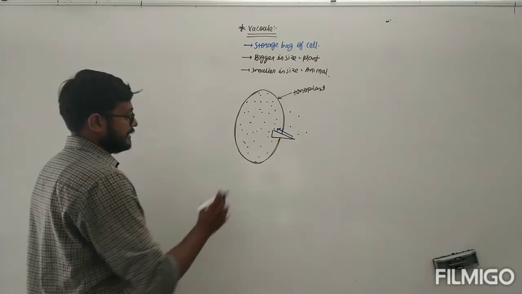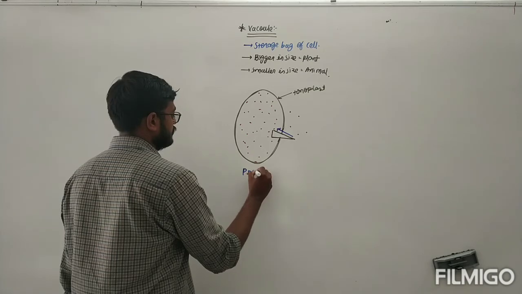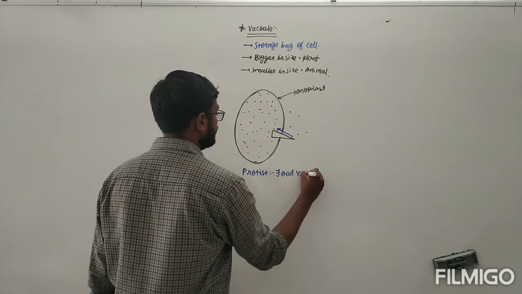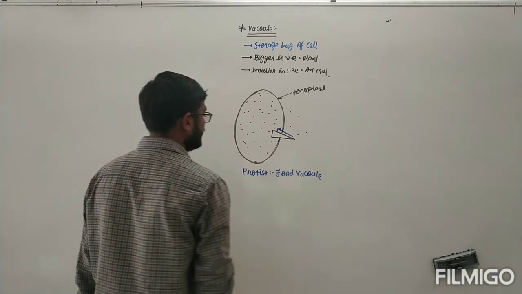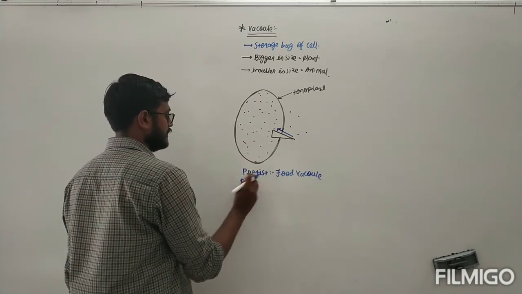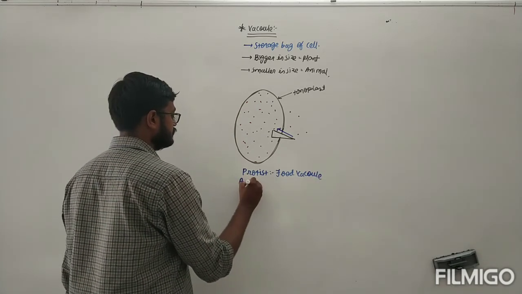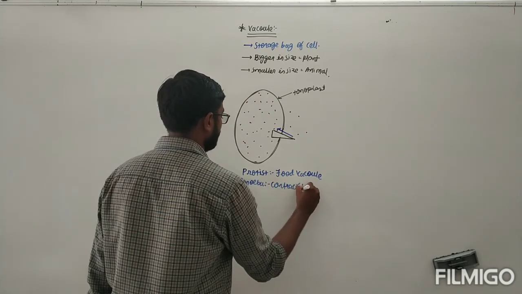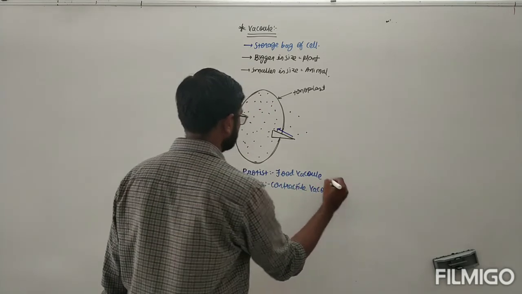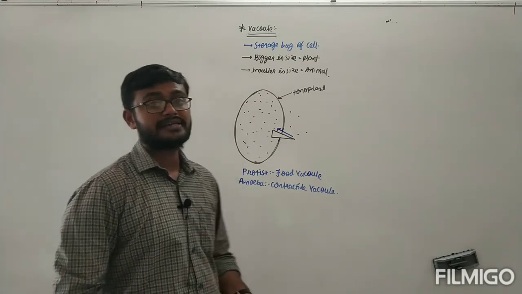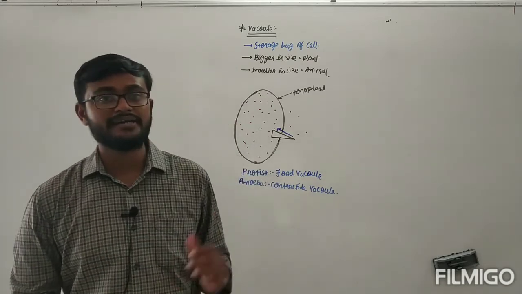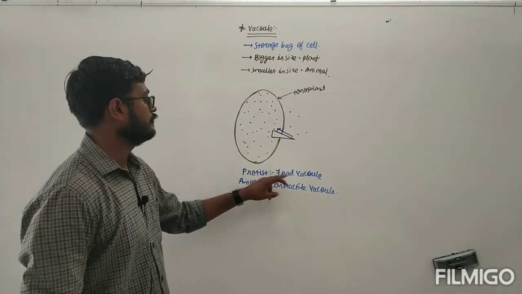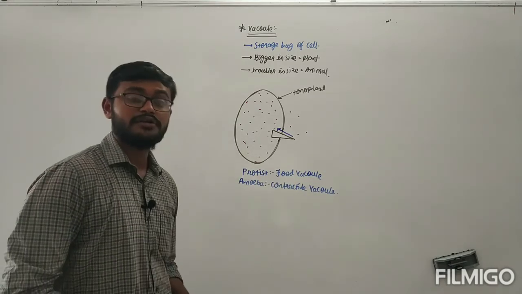In protists, there is the food vacuole, and in protozoa like amoeba, there is a contractile vacuole. The contractile vacuole is meant for the storage of excretory products, while in a protist the food vacuoles are meant for the storage of food.